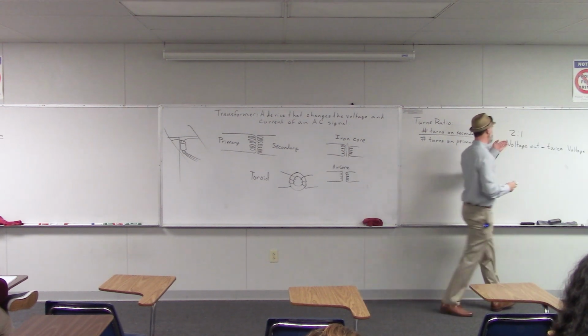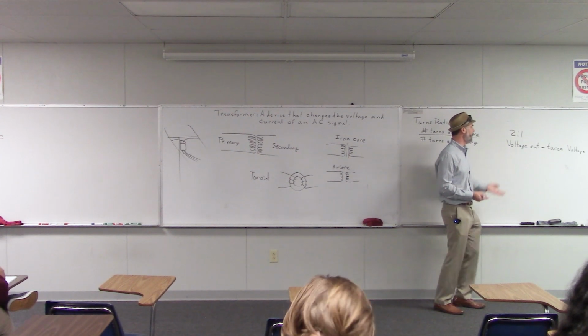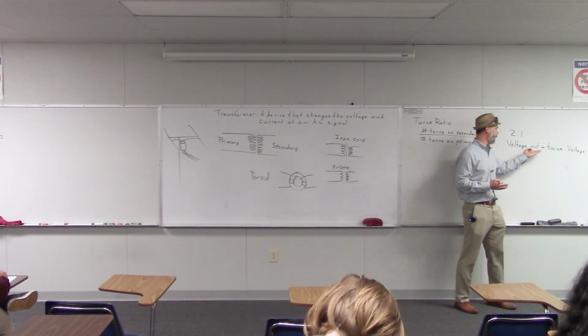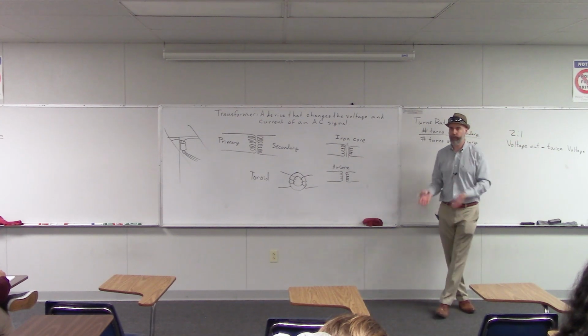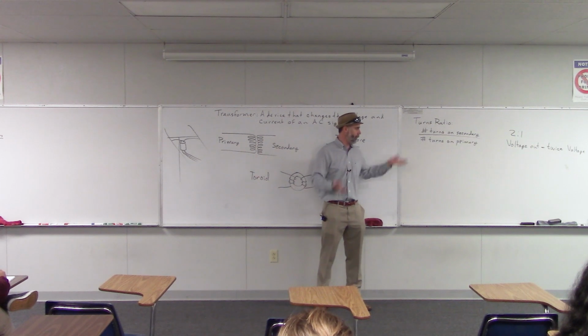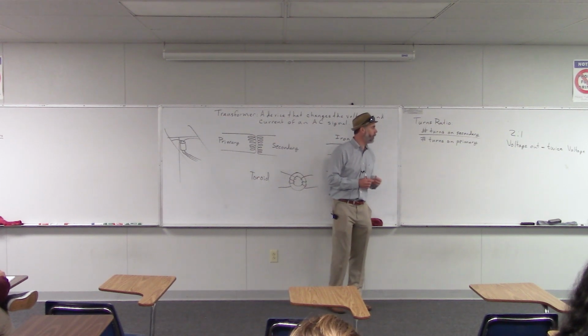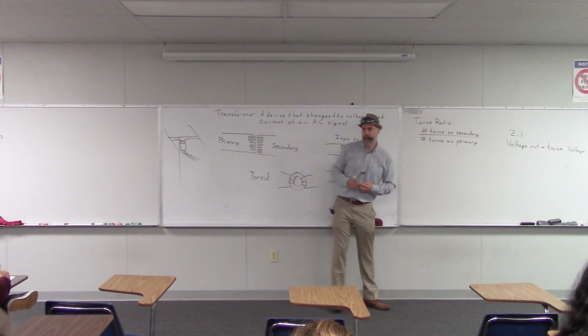So this turns ratio determines how much your voltage changes. A 2-to-1 ratio multiplies the voltage out by 2. A 4-to-1 would increase the voltage by a factor of 4. 10-to-1 increases it by a factor of 10. So the turns ratio is what determines this.